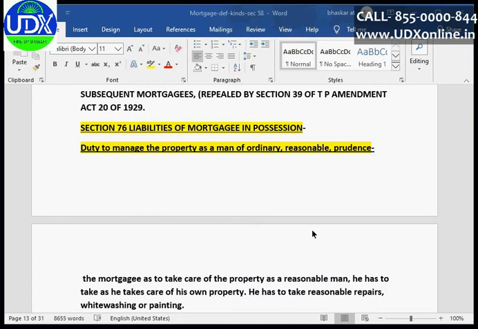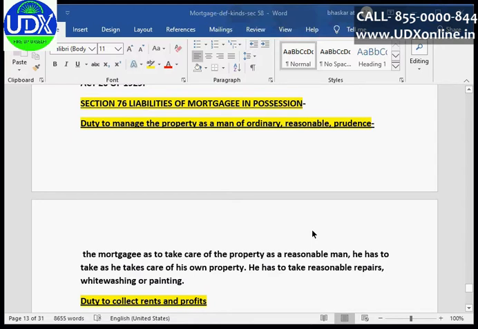So this point says, the mortgagee who is having the possession of the property has the duty to manage the property as an ordinary man, as a reasonable man with an ordinary mind.